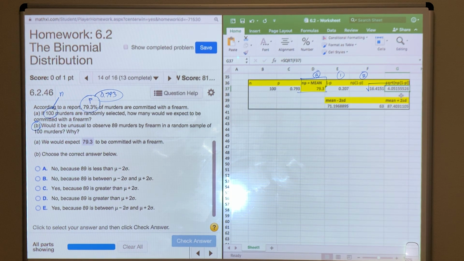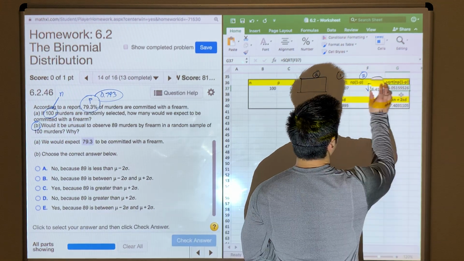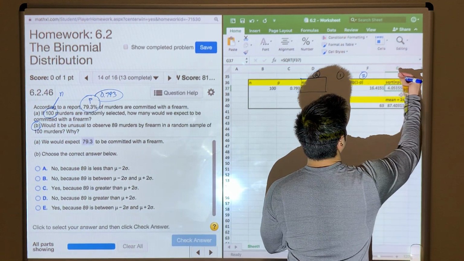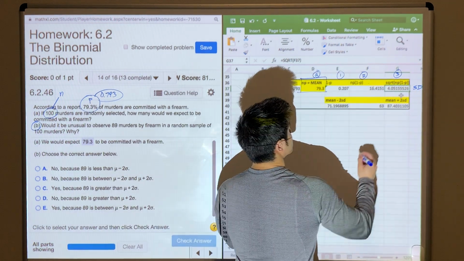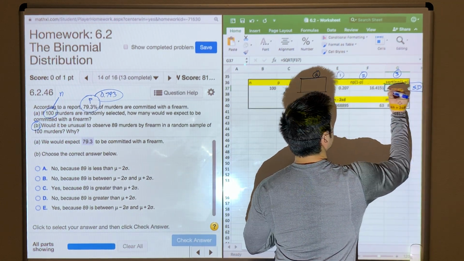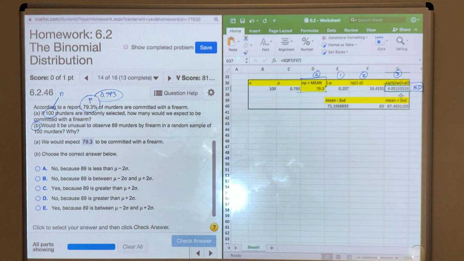What does that represent? In your notes, you will see that. The square root, that answer right here, part 3, is your standard deviation. While this right here was your mean, that answer right there is your standard deviation.